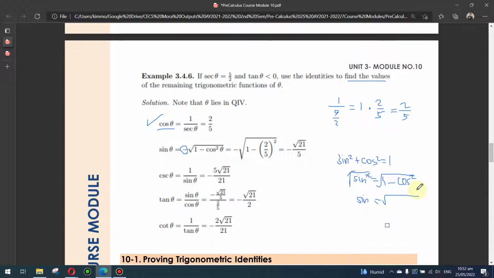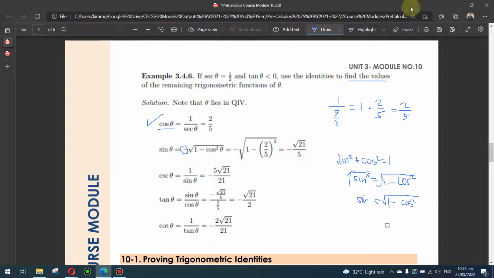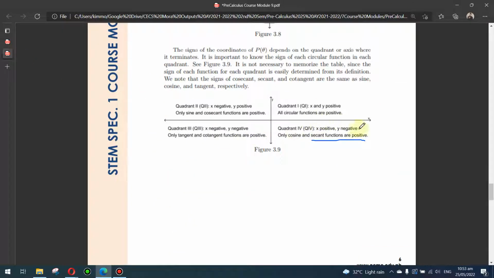May mo siyang 1 minus cosine squared. Excuse me. So nga naman dari sir kay naman siya negative. So that is because ani naman siya sa fourth quadrant.